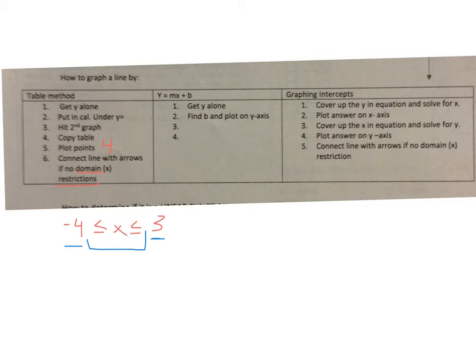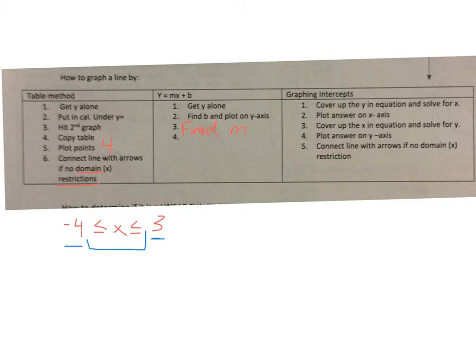Let's go ahead up to the second method, where it says y equals mx plus b. The first thing, as always, is you're going to get y by itself. The second thing is you're going to find b and plot that on your y-axis. Your b is your starting point. Then the third thing should say find your m.